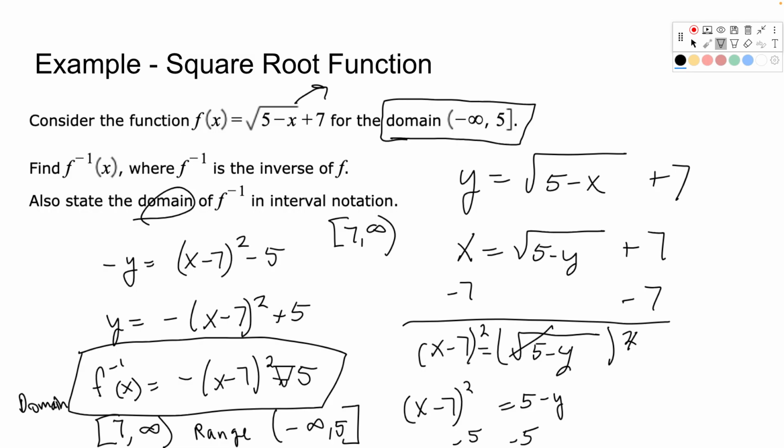So we limit the domain to just 7 to infinity. If you put in 7, that's going to give us a 0 here. We'll be at 5, and that way it will be able to be plugged back into this. And then with the negative, it keeps it so that the two functions can work together.